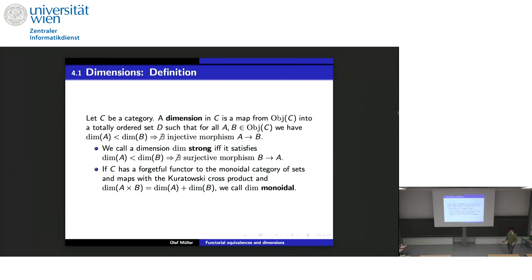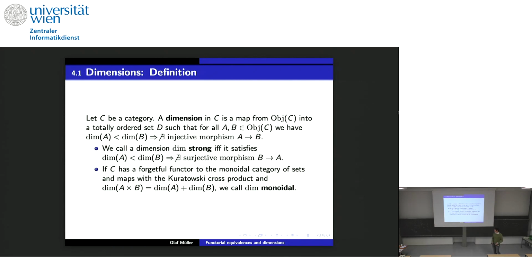So what is a dimension anyway? I haven't found a general definition, so I tried to make up one myself. If you have a category, it should be something like a refinement of cardinality, maybe.